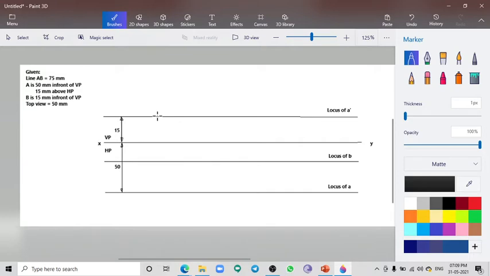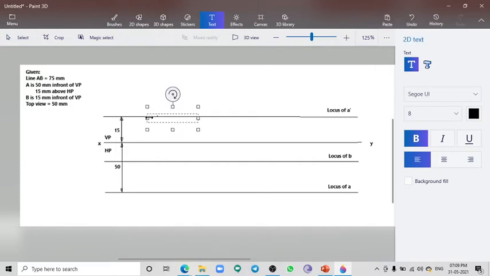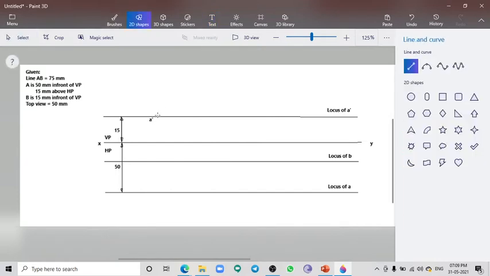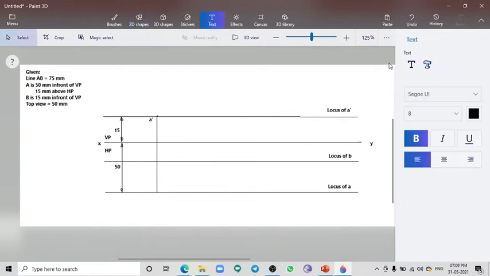The starting point is assumed as point A dash in the front view. So this is A dash, and I'm going to project that point vertically downwards in order to identify the point on the top view, which is to be named as point A. A dash lies on the locus of A dash. Similarly, point A should lie on the locus of A.